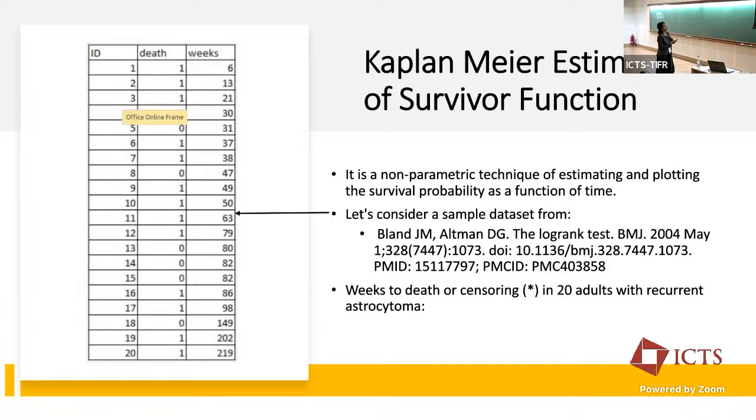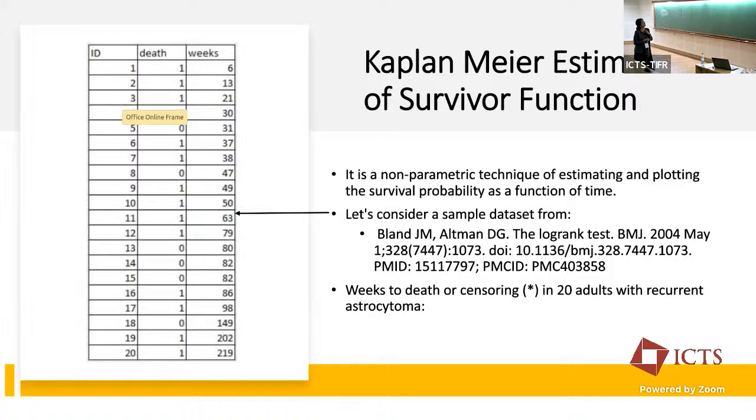So may I come in? Yes, sure, thank you. So here we are trying to see the outcome as a time to event, right? The weeks represent the time, and the death. Death is a dichotomous outcome, whether the event happens or we don't know.